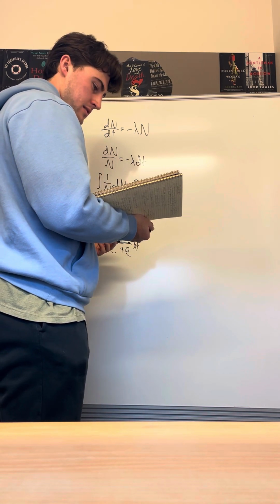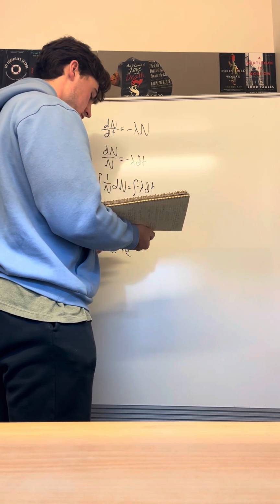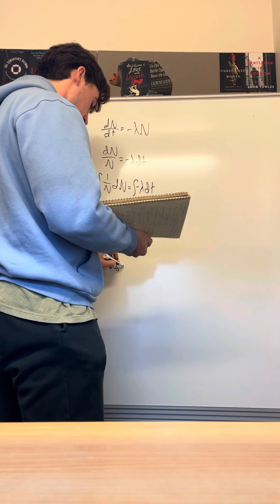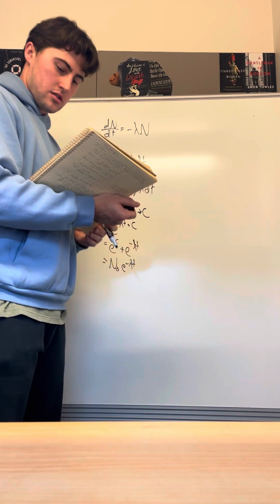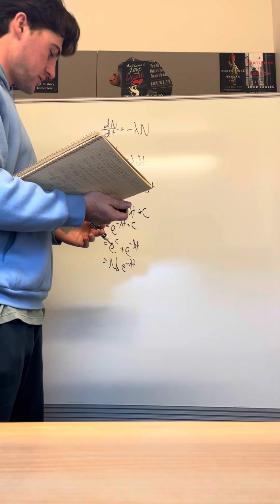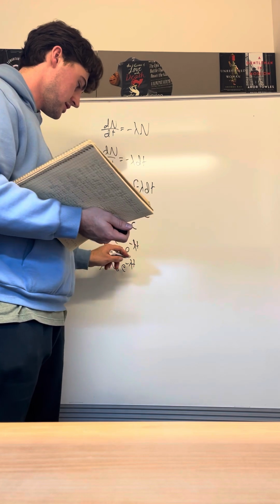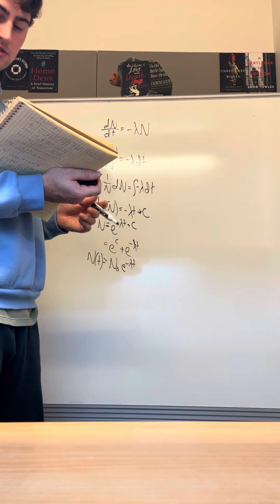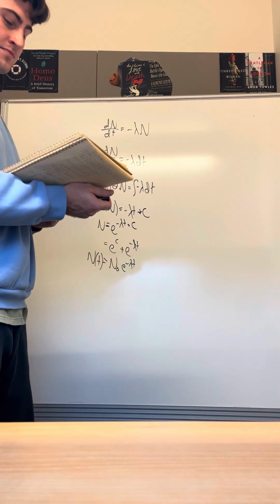And then since at t equals 0, we know N of 0 would be N naught, which is just the original term, whatever it starts with. So then our final equation for N of t is N naught e to the negative lambda t. And that makes sense because it starts with the original sample size, our N naught, and it's exponentially decaying.